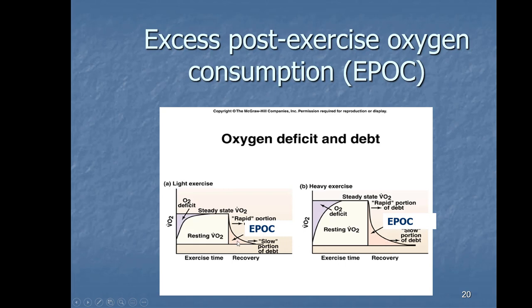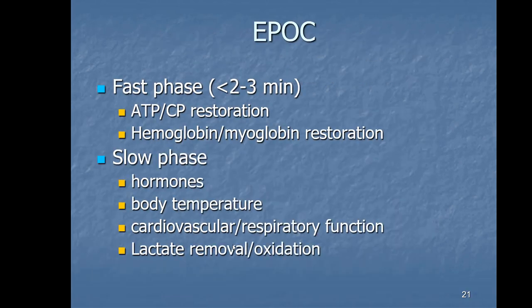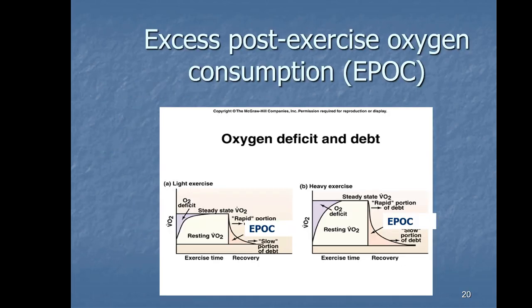So we call this EPOC, or excess post-exercise oxygen consumption. And so the mechanisms for excess post-exercise oxygen consumption include all of this. We break it into two phases. That first phase where it's dropping quickly, that's called the fast phase.